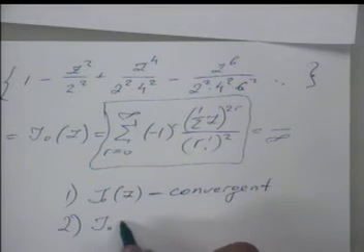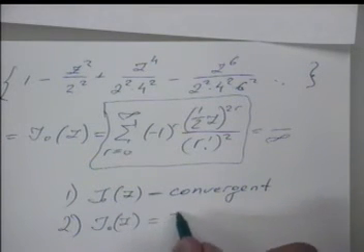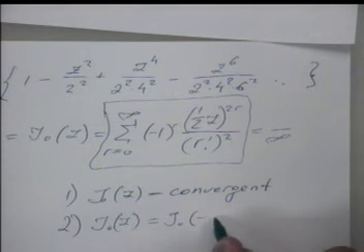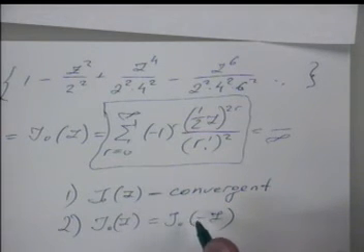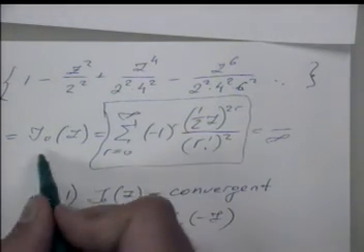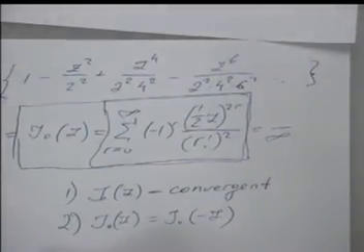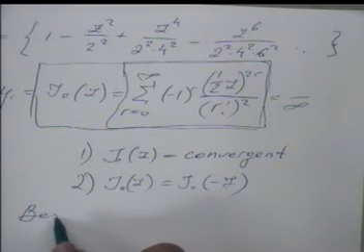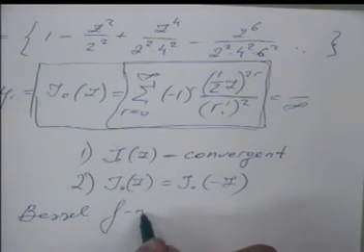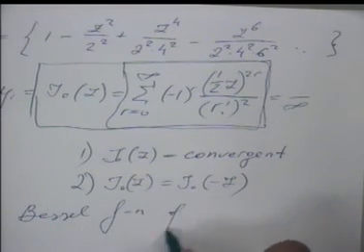So we can say that the function J0 is an even function. This one has the definition of the Bessel function of the first kind.